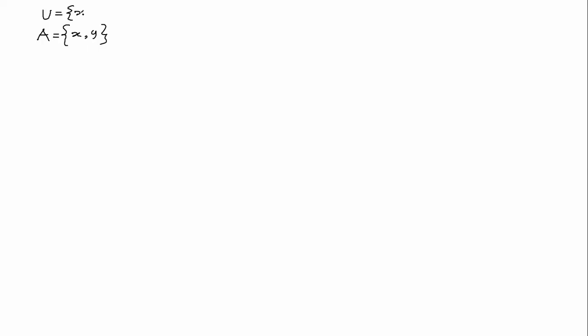So firstly, we must have a universal set X, Y, Z, W, something like that. And if some set has been defined, then automatically one more set is defined, and that is the complement of A. This is A dash, sometimes A bar. These are the different notations used. That is the collection of those elements in the universal set which are not in A. So you can understand Z, W.